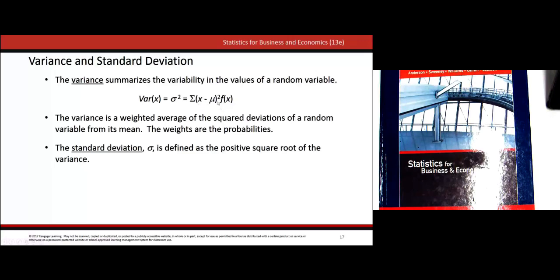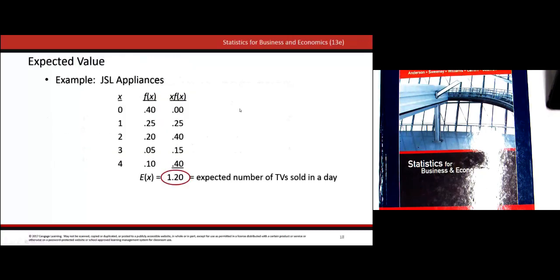So this is the sum of x minus mu squared times f of x, where f of x are the probabilities. Standard deviation is the positive square root of the variance.